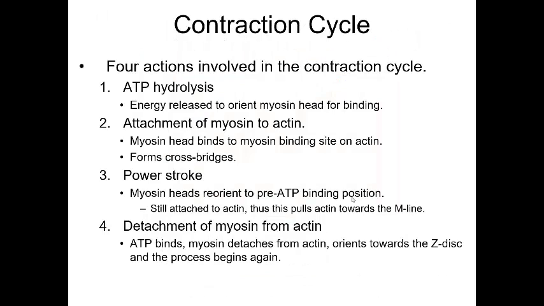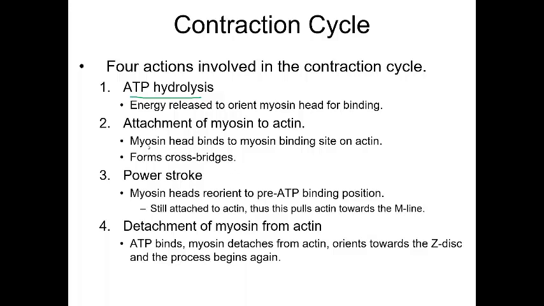So here's what happens. In the contraction cycle, 4 steps are involved. And this process is an active process, meaning it requires a pretty heavy amount of ATP. So ATP is hydrolyzed, and it orients the myosin head. So the golf club shaped head has to orient against the actin molecule for binding.